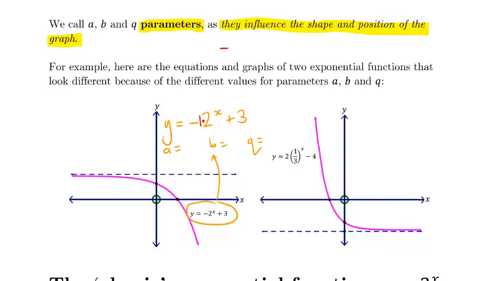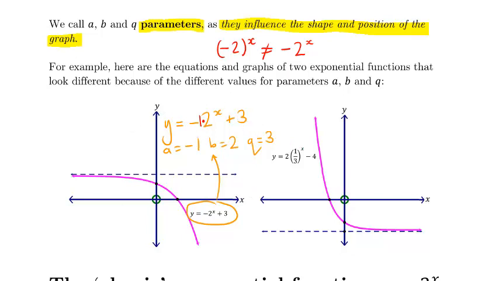If I wanted to put minus 2 to the power of x, I would need to put it in brackets like this. And this is very different. It is not equal to minus 2 to the x because this x is only applying to the 2. So in this equation over here, b is actually equal to positive 2, a is equal to minus 1, and q is equal to a positive 3 over there.